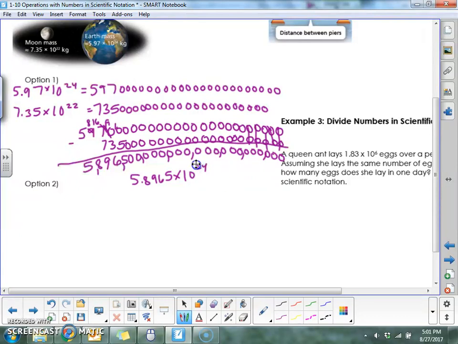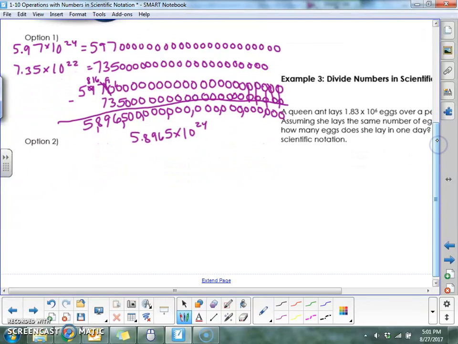So the Earth is 5.8965 times 10 to the 24th kilograms more massive than the Moon. So lots of work here, lots of writing zeros, gets a little bit tedious.